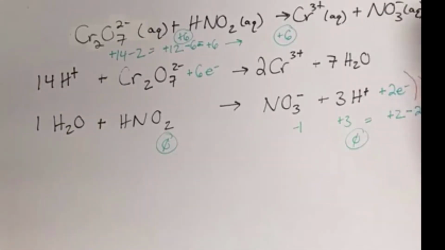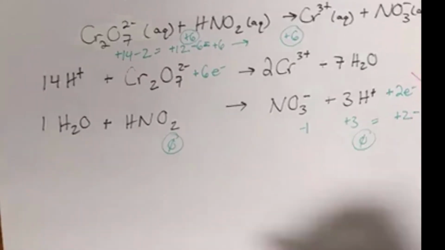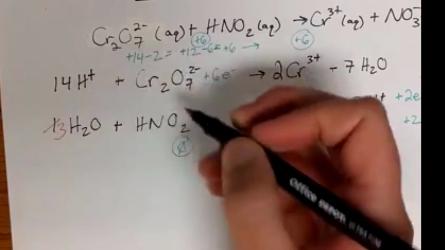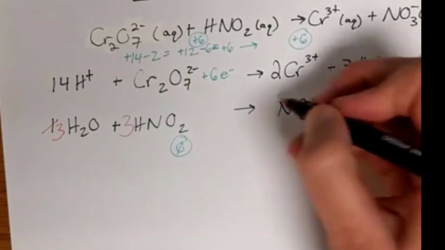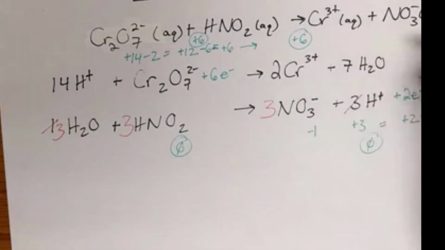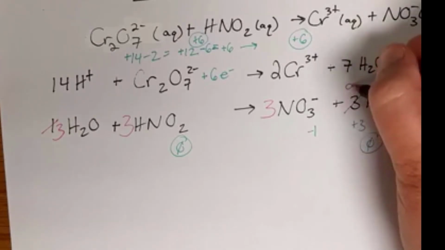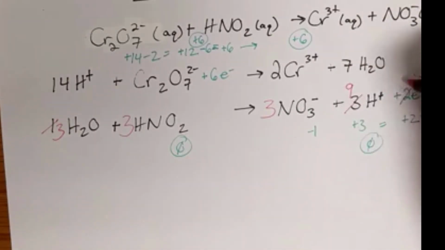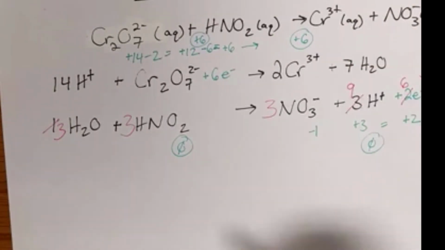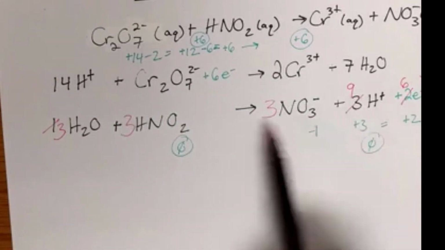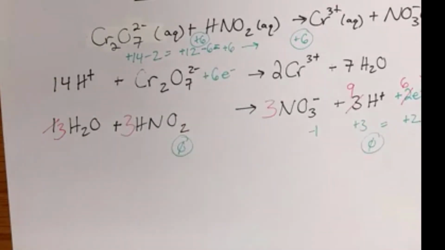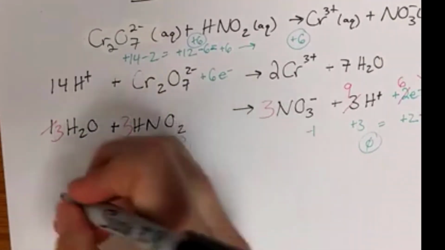I need to multiply this whole reaction by 3. So if I do that, this becomes 3 times 3, 9, 3 times 2, 6. So now I've got 6 electrons here, 6 electrons here. Now I can add them all together and cancel out as needed.